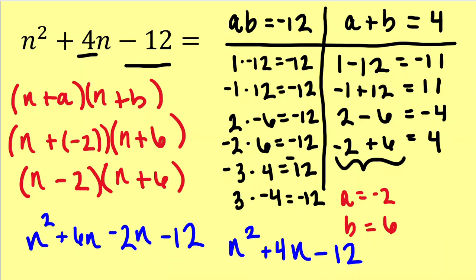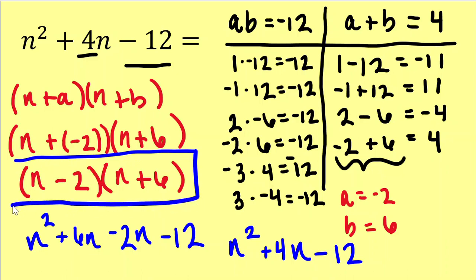Okay. So by expanding our expression, we got back to our original answer, which was up here with this expression. So we can say that this right here is going to be the correct factorization of our quadratic.